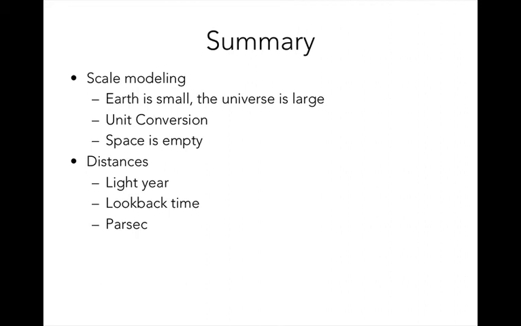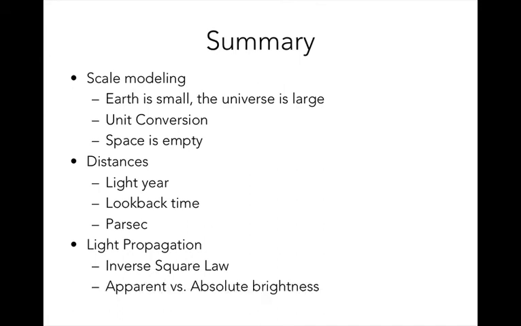We then discussed how light spreads out from its source according to an inverse square law. This law states that brightness is proportional to 1 over the distance to the source of the light squared. This means that it drops off very, very rapidly as you get farther away. We also connected the apparent brightness of an object to the 2 factors that influence it: distance to that object and its absolute brightness.